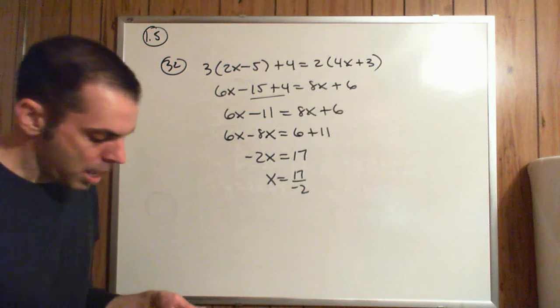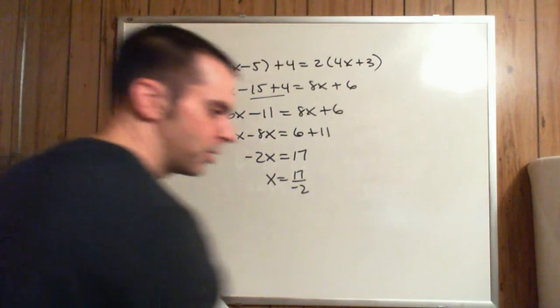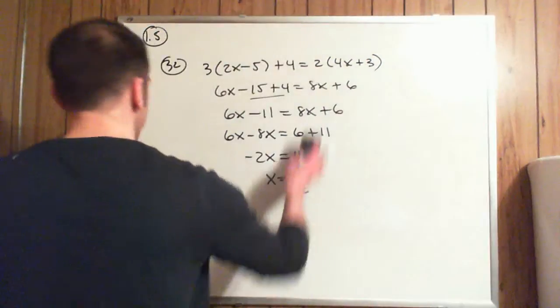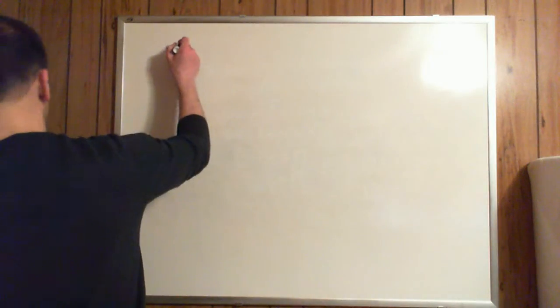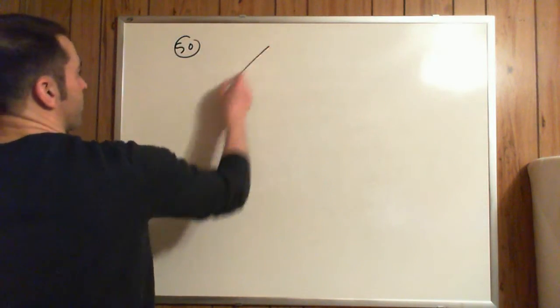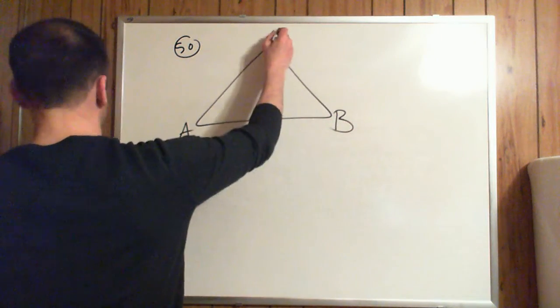Okay. In number 50, the applications, we are told that in triangle ABC, angle B is twice as large as angle A. So in number 50, this pertains to a triangle, and we have three angles in a triangle, ABC.